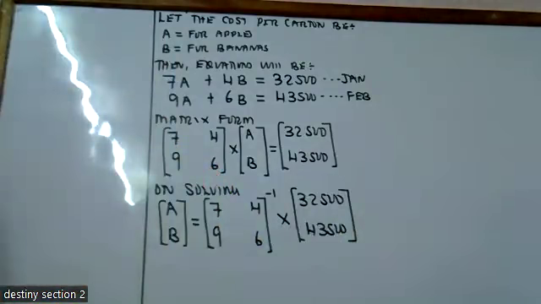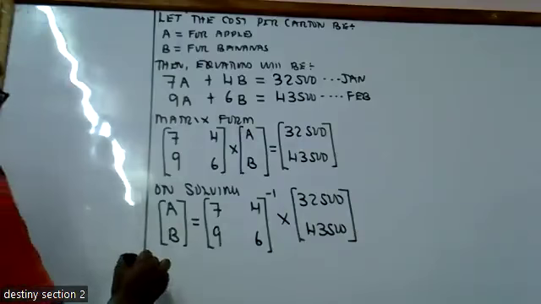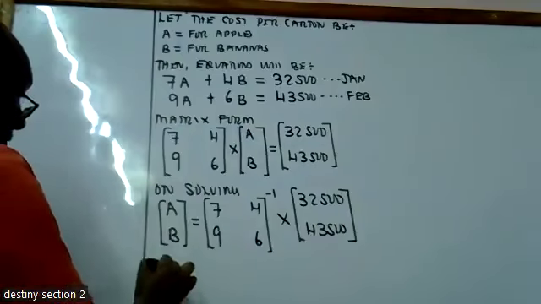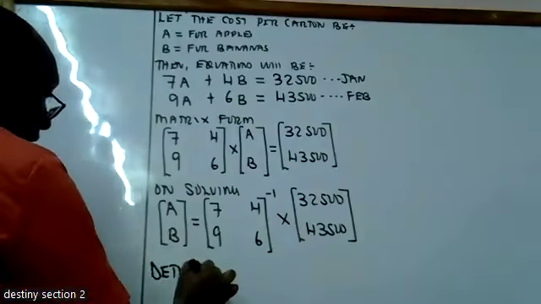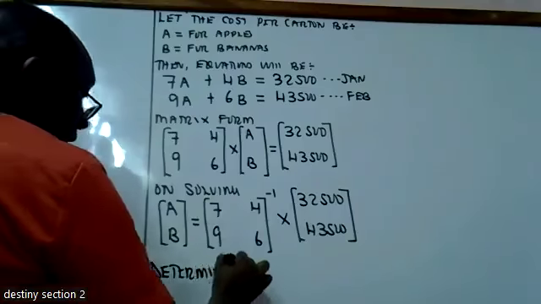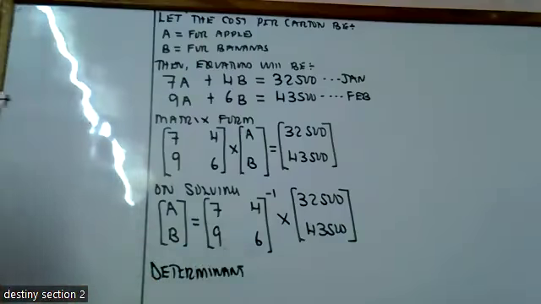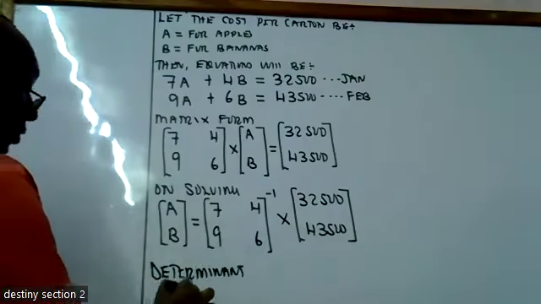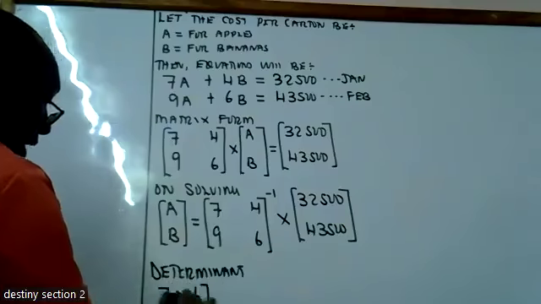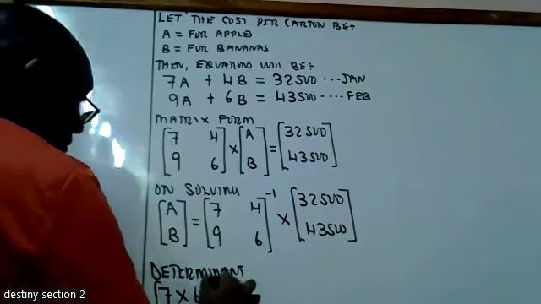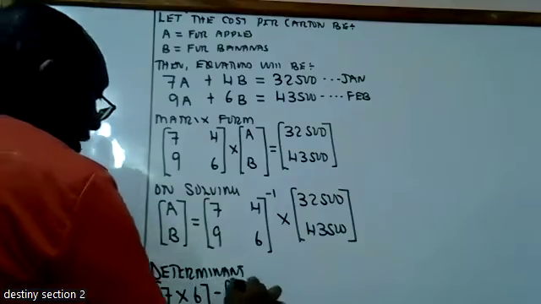After that, you now seek to get the determinant. The determinant of this will be 7 times 6, the major diagonal, minus 9 times 4.